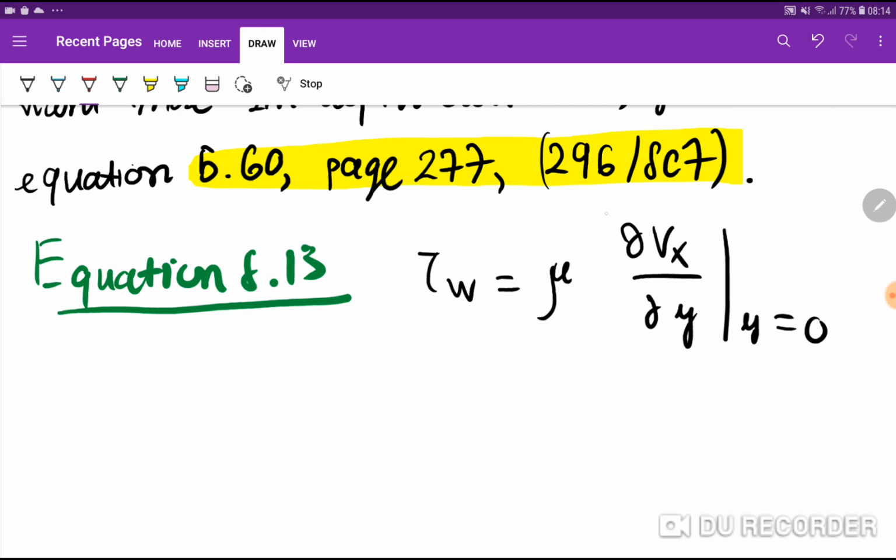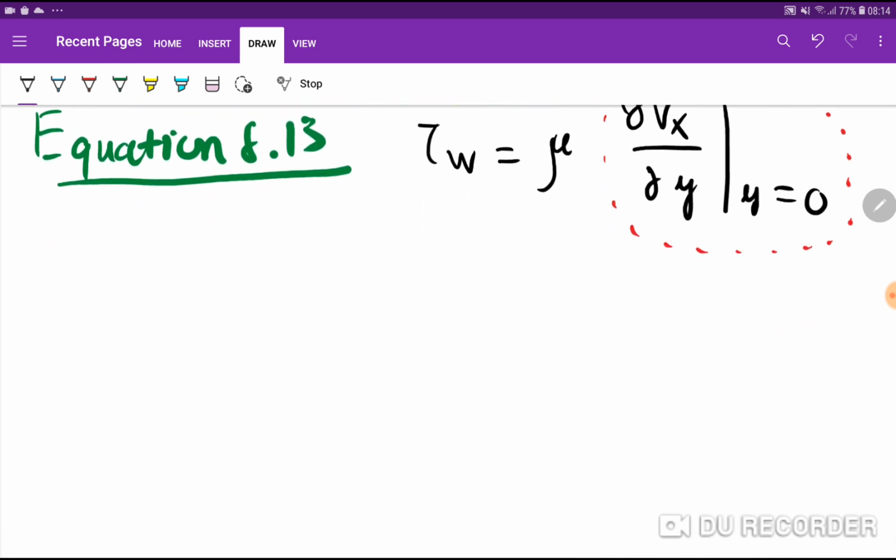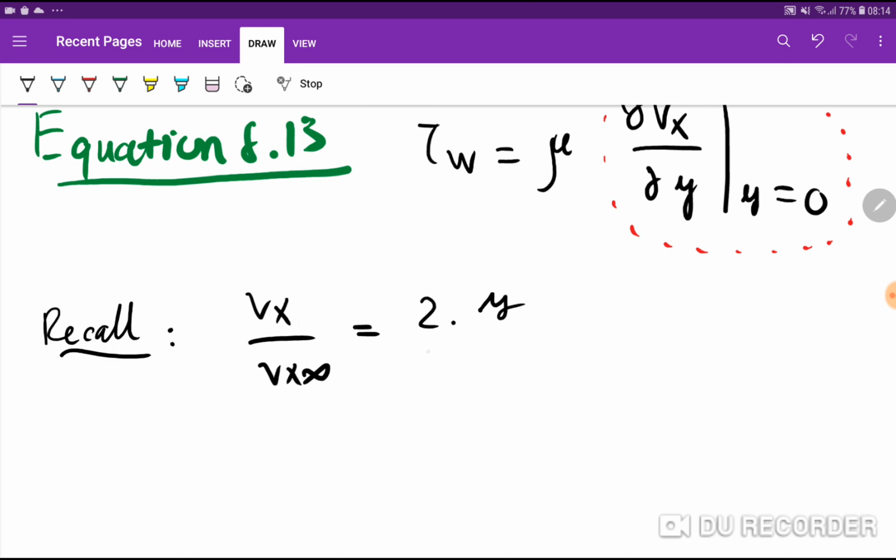Let's evaluate this term right here, the partial of Vx with respect to y at y equals 0. Let's see what it equals. You recall that Vx over Vx infinity equals 2 times y over δ minus y squared over δ squared. That is the given velocity profile.